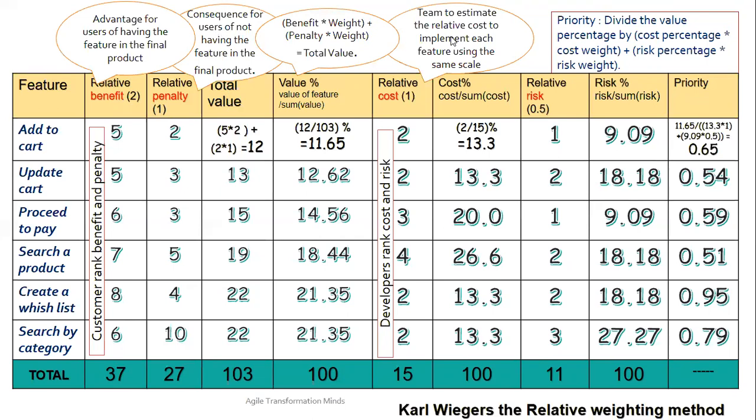Now the total value is simple math: 5 into 2 plus 2 into 1, which gives you 12. Now you put all the values here, and it sums up to 103. Is everyone with me? Any clarifications required? You can raise your hand or put in chat if you want me to stop and explain more.